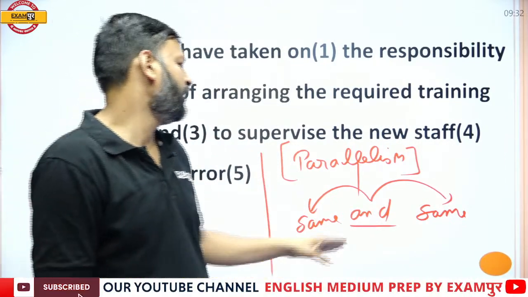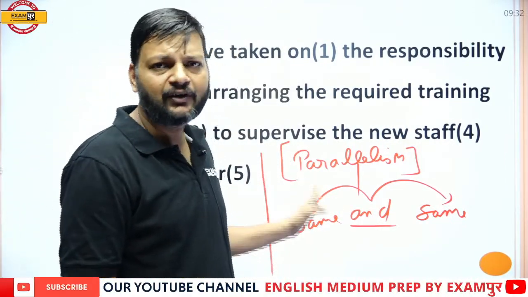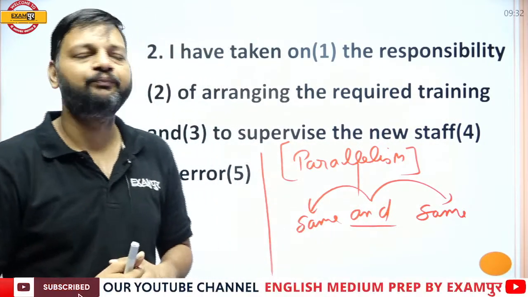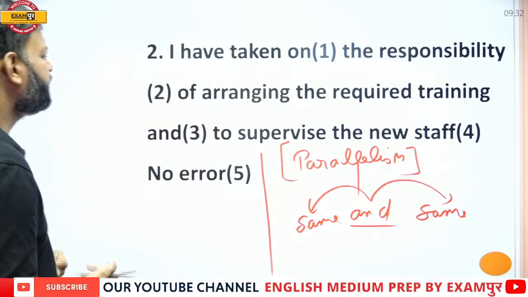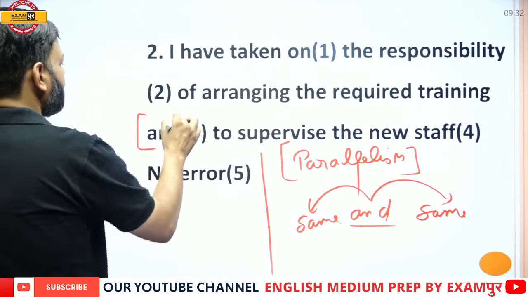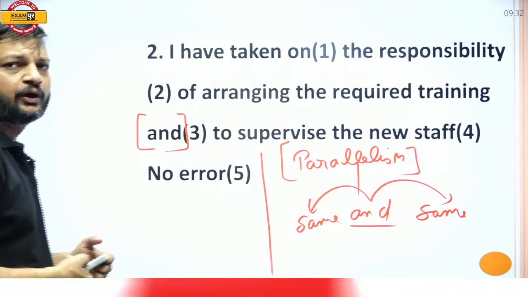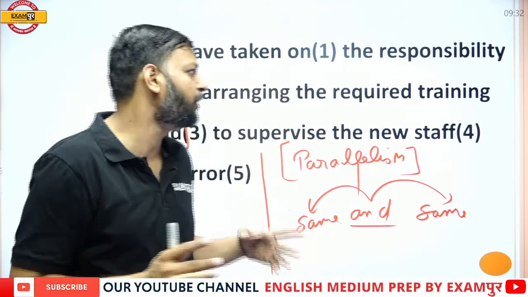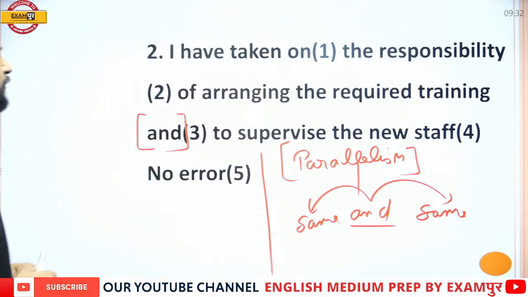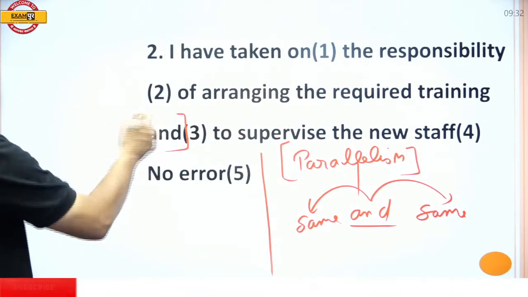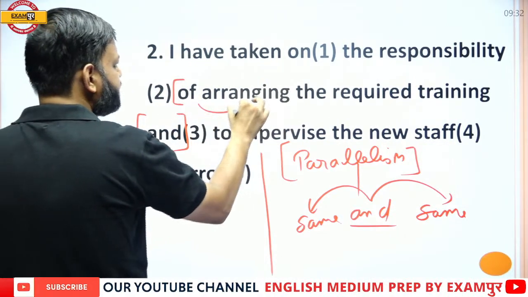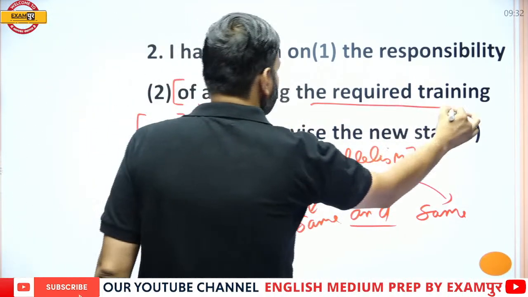For example, if before conjunction we have the first form of verb, after conjunction we have to use first form of verb. So if we see this sentence, here we have our conjunction. As we know that according to the rule of parallelism, we have to balance the sentence, just see what is there before conjunction: I have taken on the responsibility of arranging the required training.